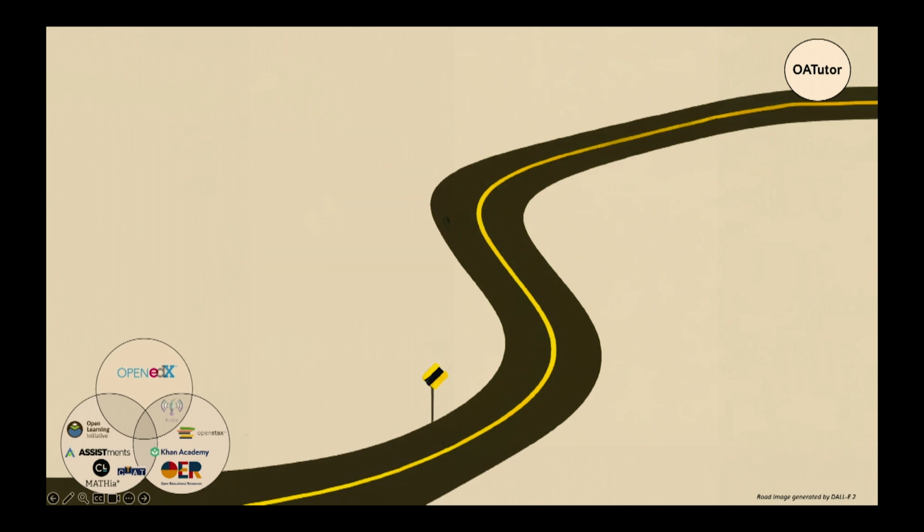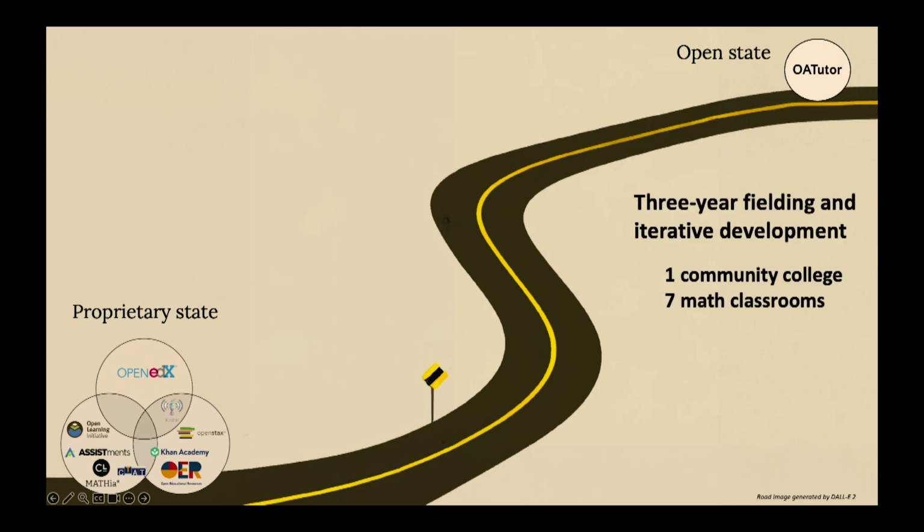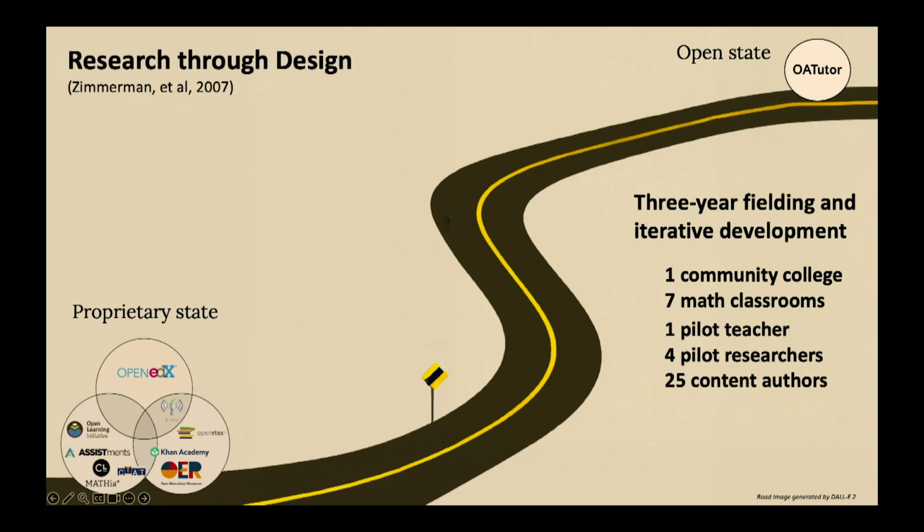And so in a paper that was just recently published last year at the Computer Human Interaction Conference, we chronicle this path to going from the current proprietary state of adaptive systems, education systems, to an open state. And that involved 3 years of fielding this system at a community college, Mission Community College, in 7 math classrooms with a single pilot teacher, 4 pilot researchers, and 25 content authors.